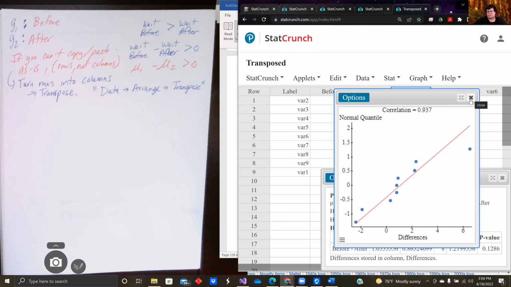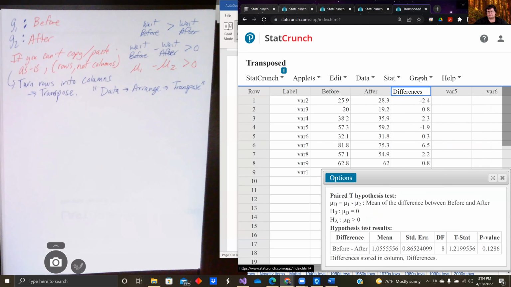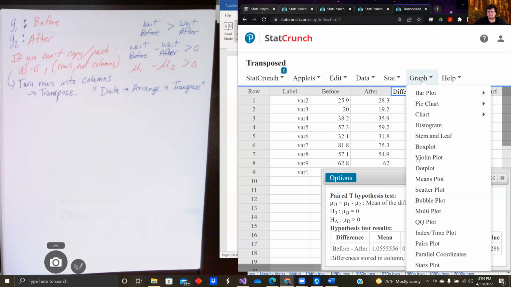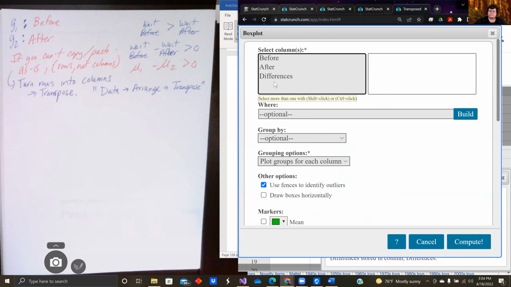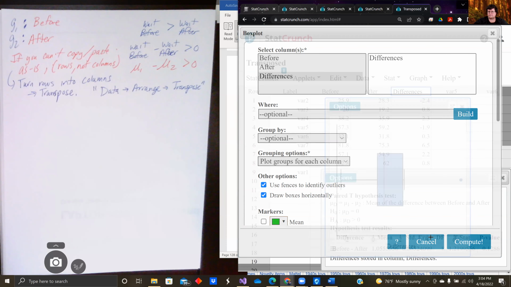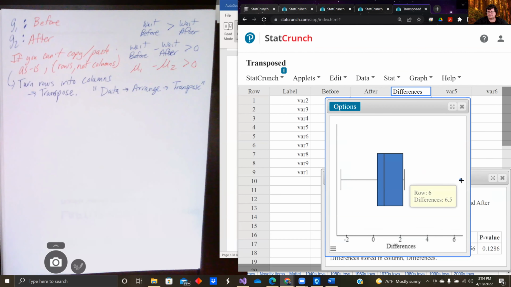And we can look for a box plot. And another outlier. So maybe this isn't the best data set to use, but again, we're going to go with it anyways. Let's just assume that it did work.